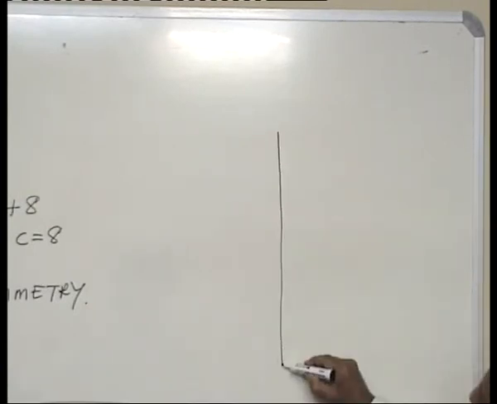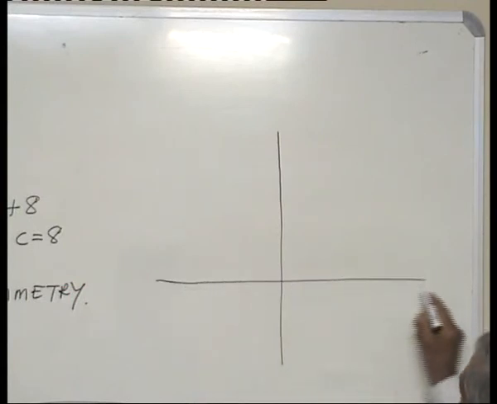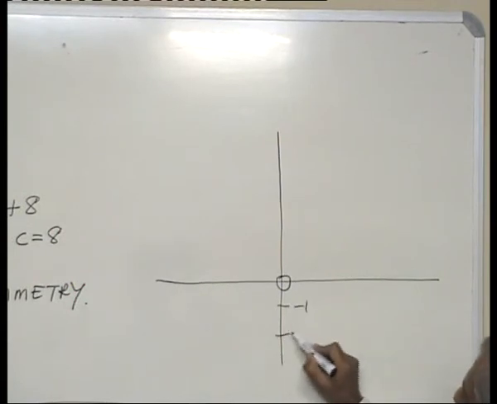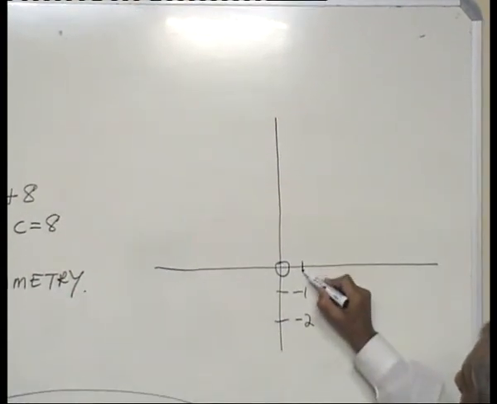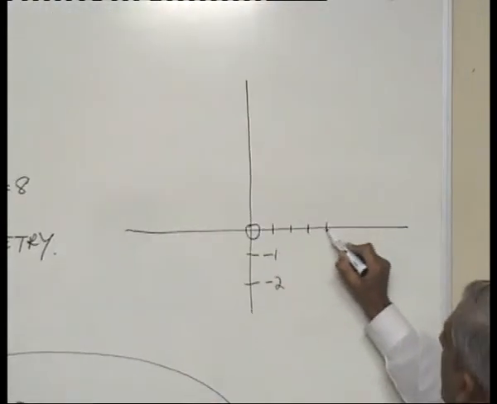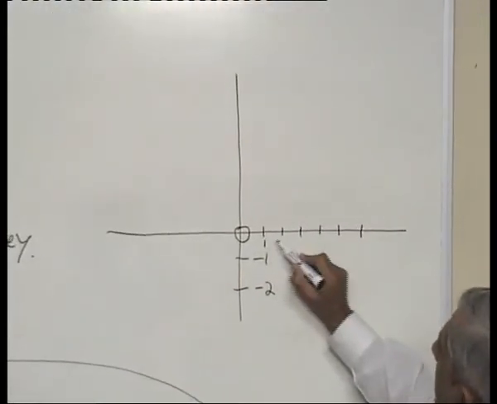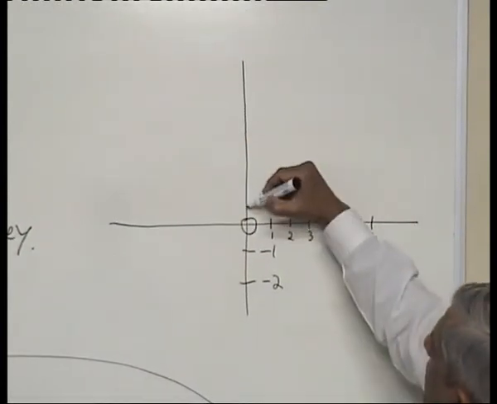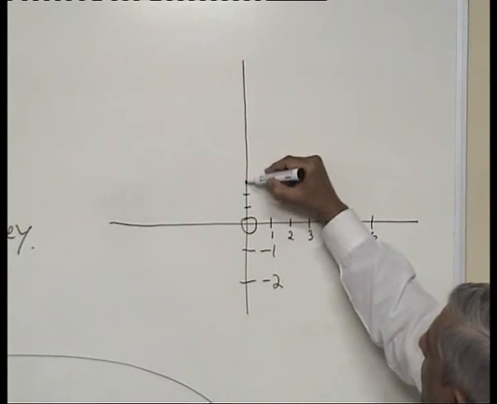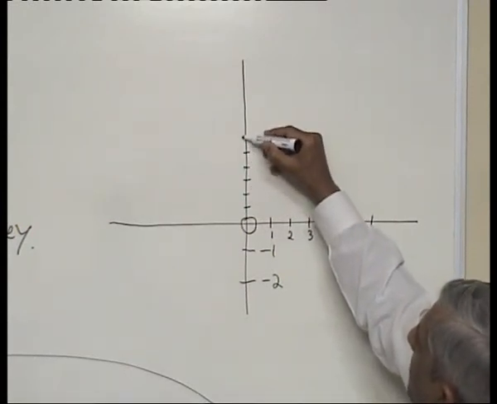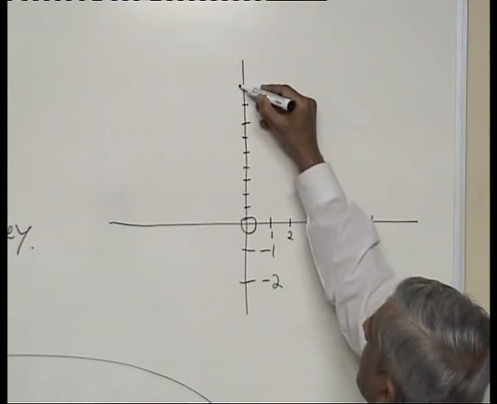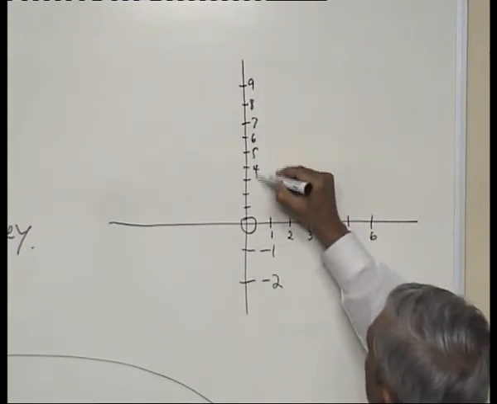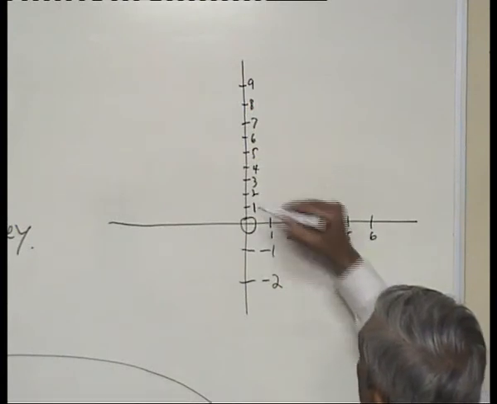So let's do a system of axes. It's just a rough sketch. There's 0, there's minus 1, minus 2, 1, 2, 3, 4, 5, 6. And up this way we need till 8, so that's 1, 2, 3, 4, 5, 6, 7, 8, 9.